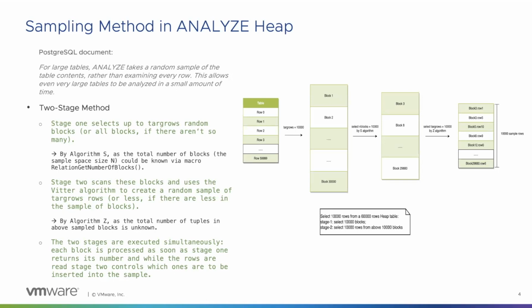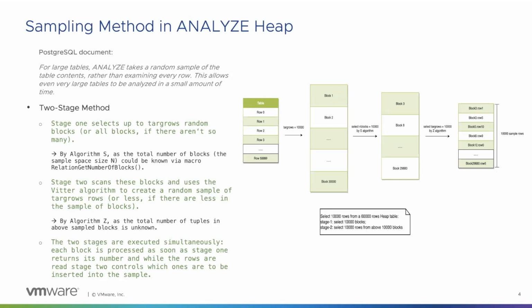This allows even very large tables to be analyzed in a small amount of time. The key point is that even if the table size is very large, it spends a short time doing a partial scan of the table. So this could reduce the analyze time.